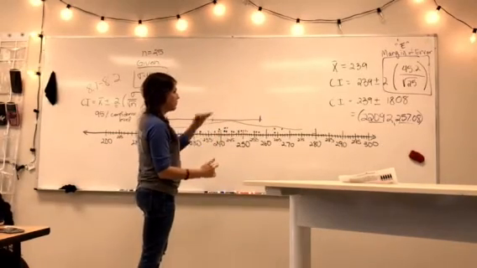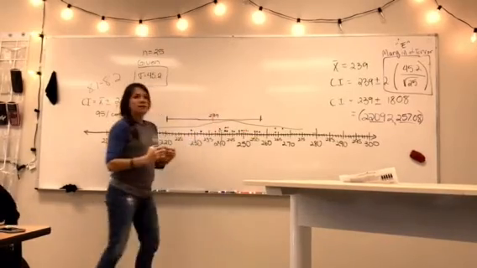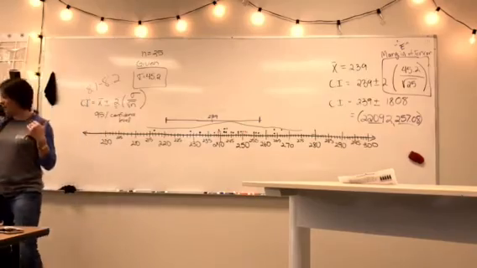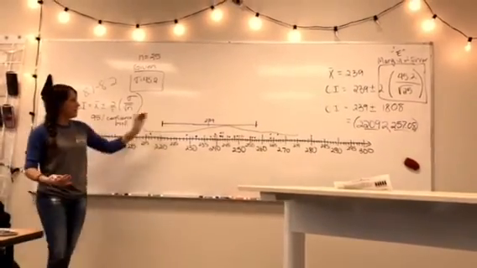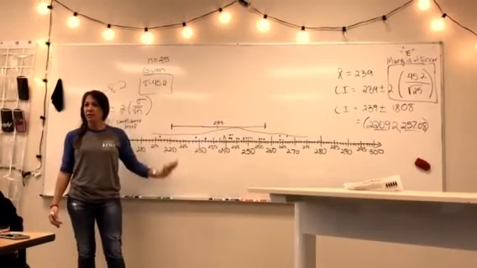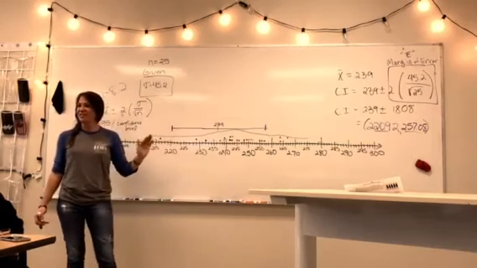And the X bar that we used was 239. So this is how we would represent on a dot plot a confidence interval. So we could say, I'm about 95% confident that the population mean is somewhere between these two values.